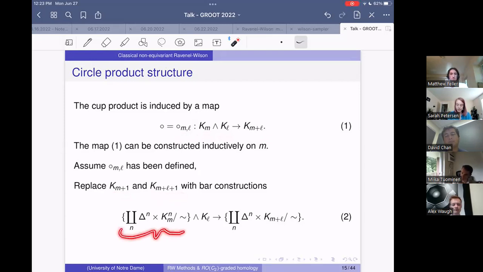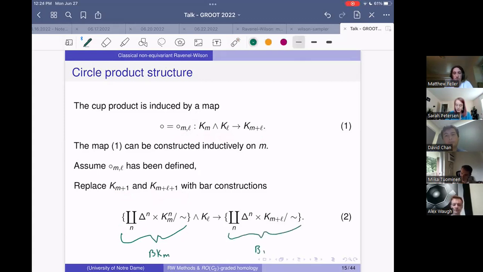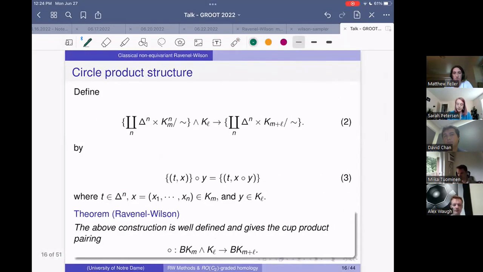So here we have BKm, and here we have BKm plus L. And we're going to define this map by keeping the point in the simplex the same and taking the circle product in Km and Kl, which we already know how to do. And what Ravenel and Wilson prove is that this construction is both well-defined and actually gives the desired cup product pairing.